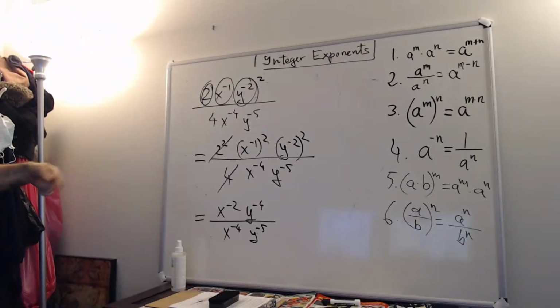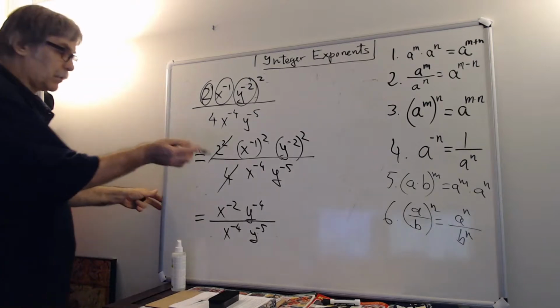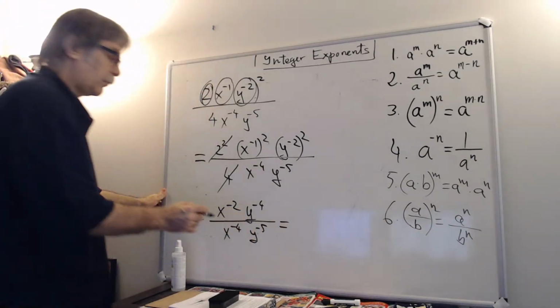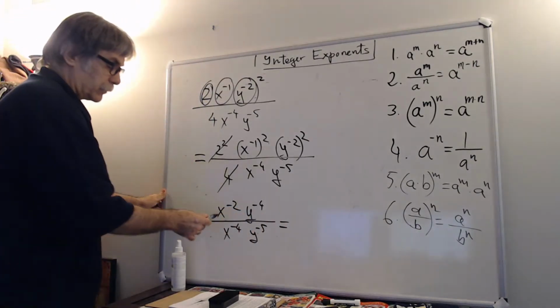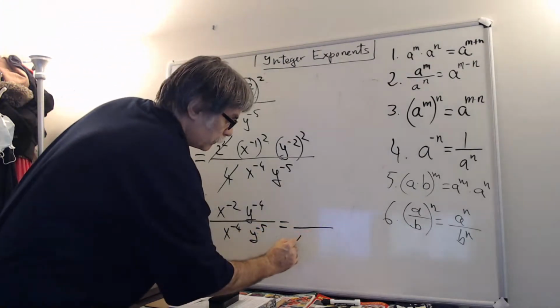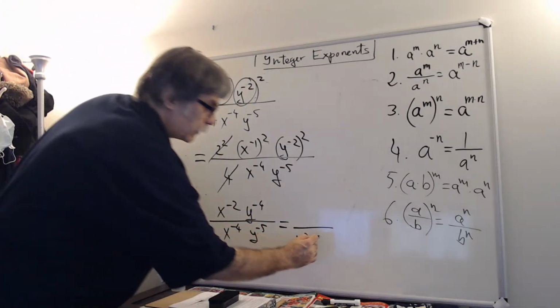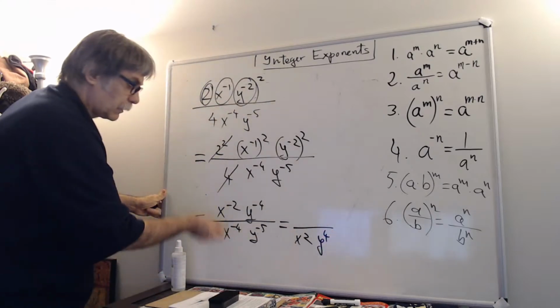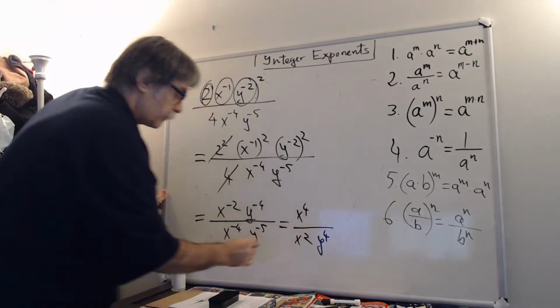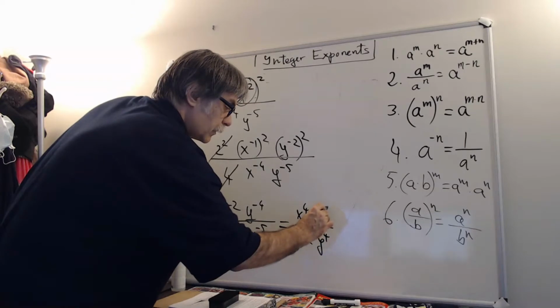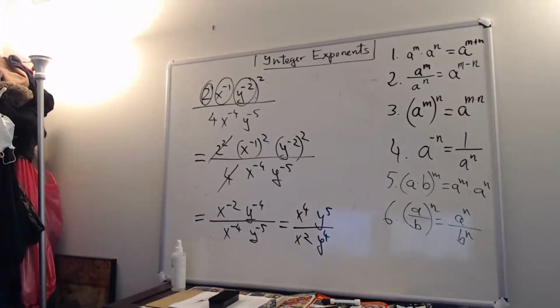Now you can finish this by using the rules, or you can do the cancellation. So I'm going to do the cancellation, which means I'm going to flip all of the factors first. This one goes down there, this one goes down there, this one goes upstairs, this one goes upstairs. I can do that because they're all factors.